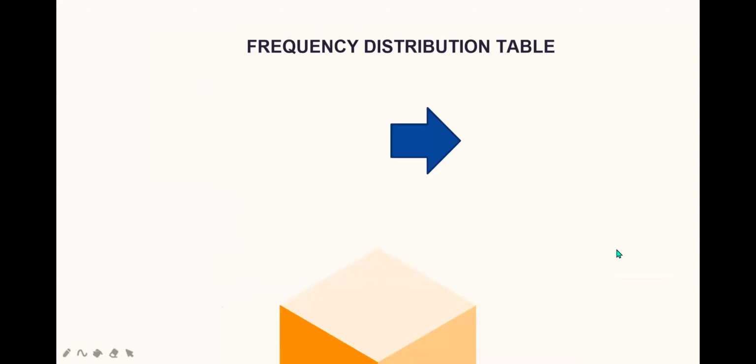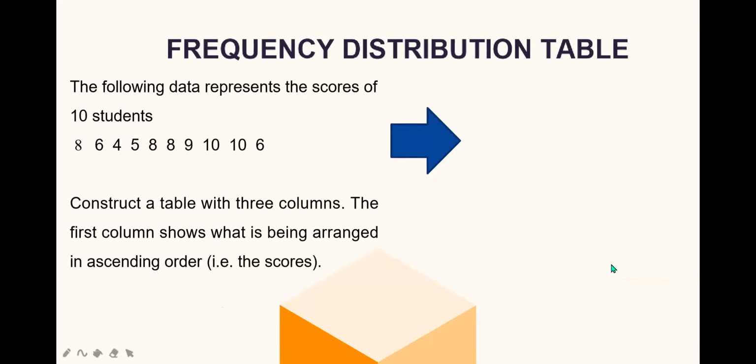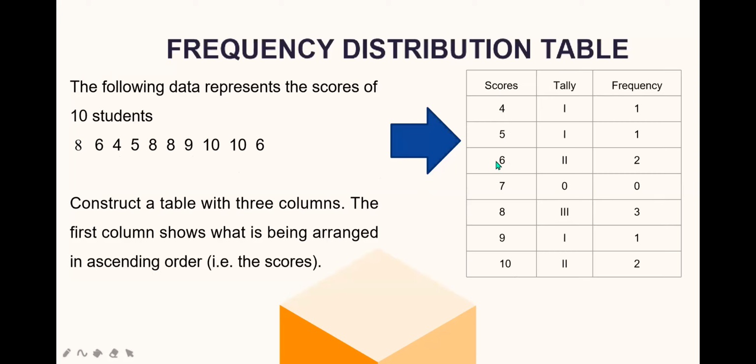So what is a frequency distribution table? Example: the following data represents the scores of 10 students: 8, 6, 4, 5, 8, 8, 9, 10, 10, and 6. Our task is to construct a table with 3 columns, where the first column shows what is being arranged in ascending order, that is the scores. So we're going to arrange the scores ascendingly, and after which we're going to tally the number of frequencies.